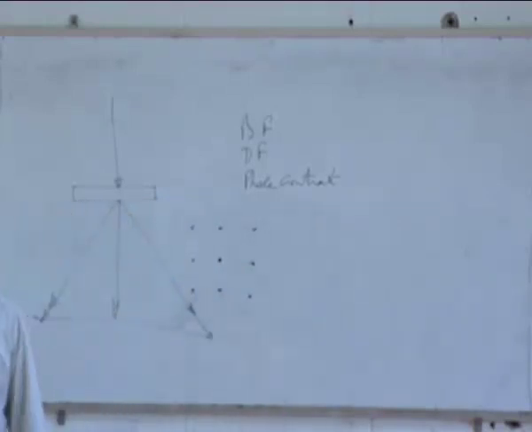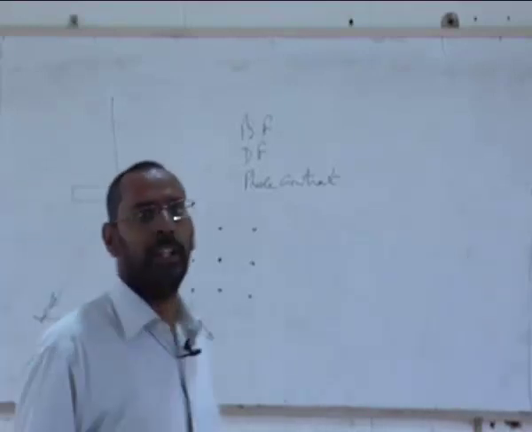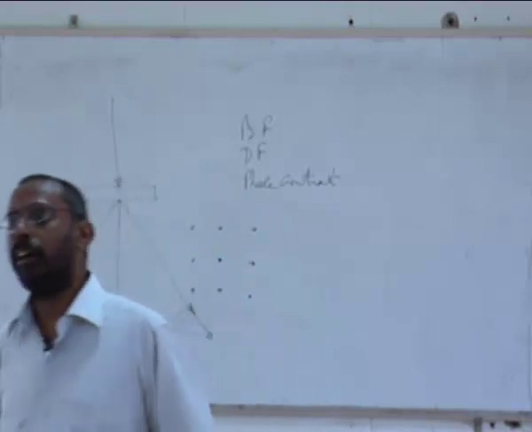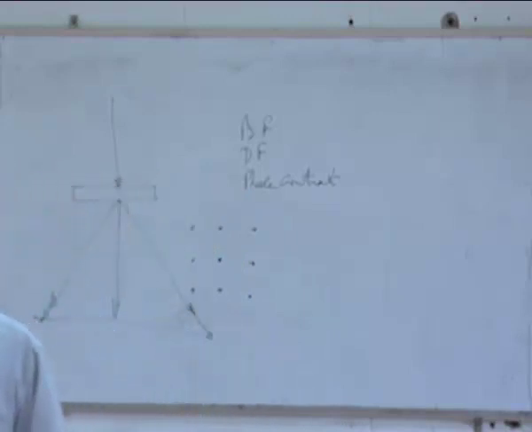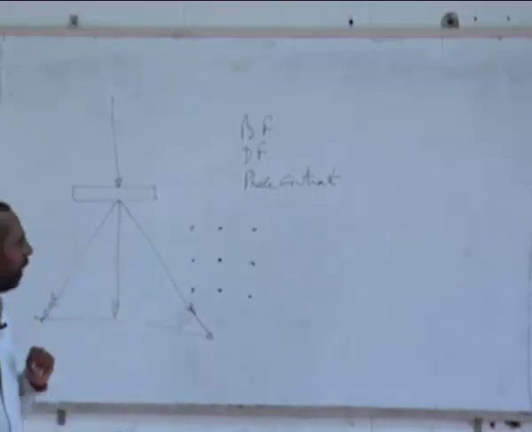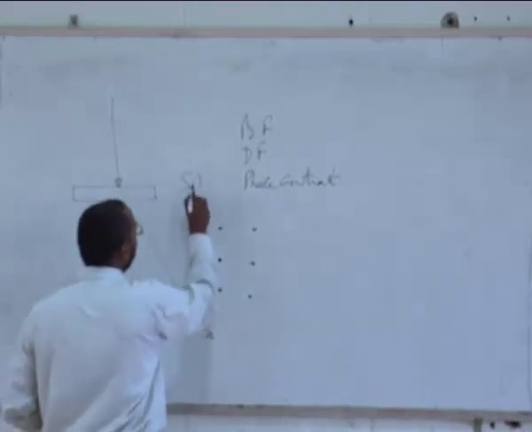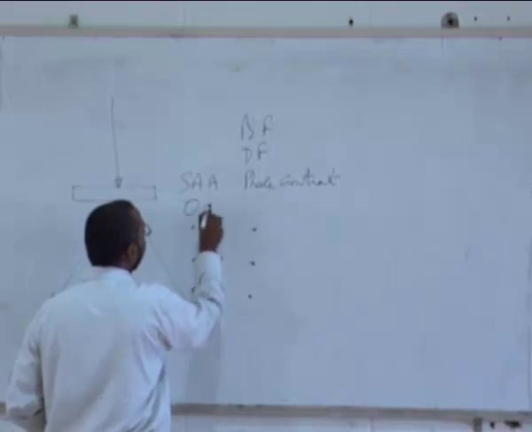Now, there are two apertures. Apertures are nothing but certain rings with a certain hole in them. And we use two apertures in a TEM. One is called the selected area aperture, another is called the objective aperture.